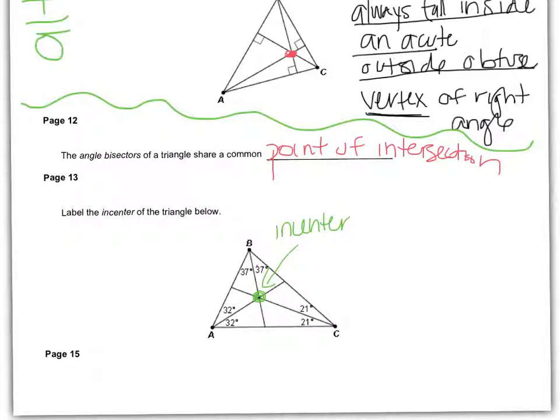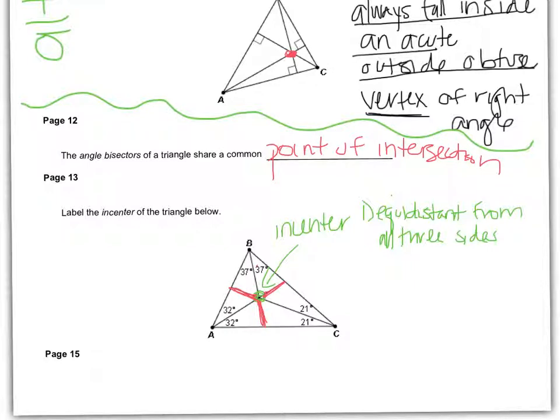There are three things you need to know about the incenter. The first thing you need to know is that it's equidistant from all three sides. Okay, what that means, I'm going to draw this in pink here, is that this distance and this distance is the same.